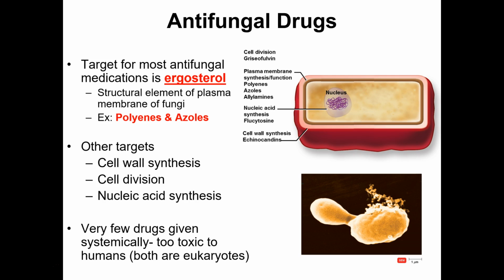Okay? Fungi just happen to have a unique form of cholesterol called ergosterol. So drugs like polyenes and azoles, they interfere with ergosterol formation, causing the fungi to become weak and explode. So you can see that yeast cells bursting. Oh, and most of these are given topically. If you have to take systemic antifungals, you're in for a bad time.